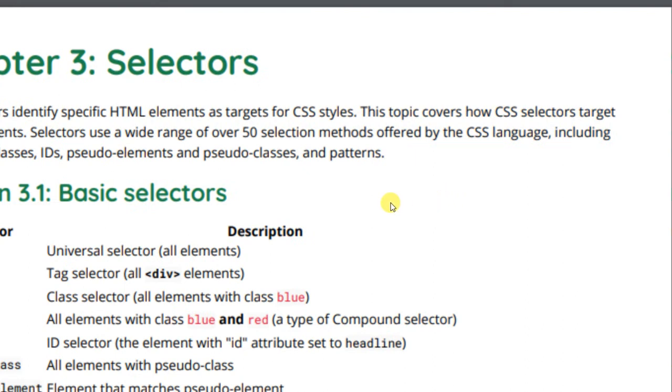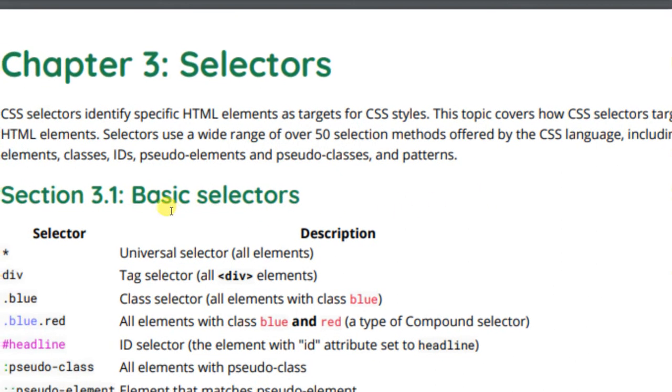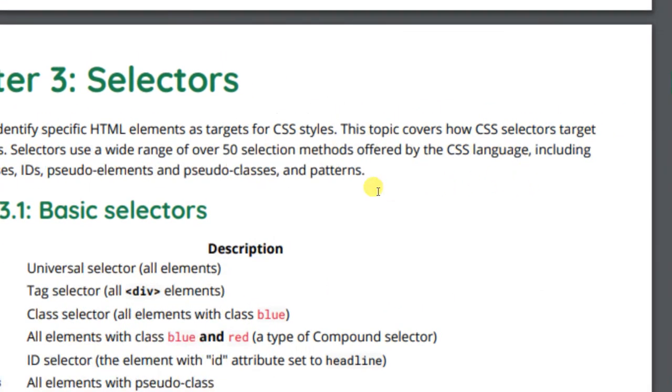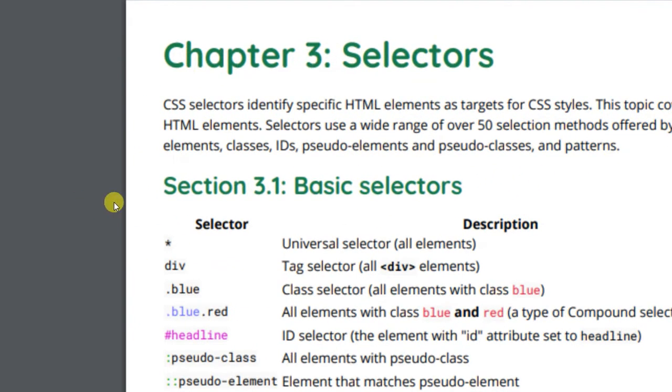And here, some other properties are also identified. We will discuss in upcoming lectures elements and more classes, more IDs, pseudo-elements, pseudo-classes, and patterns. Basic selectors. What is a basic selector?